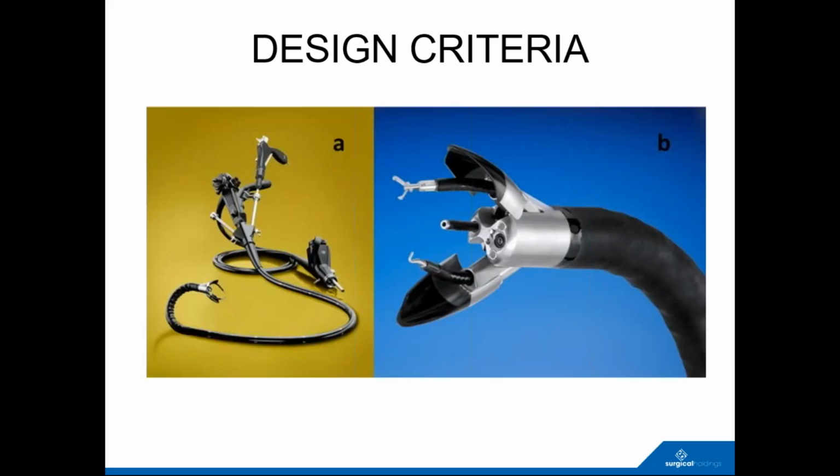And then you have weird and wonderful instruments like this. This isn't a commercial instrument. It was designed for NOTES, that natural orifice surgery I mentioned before, but I used it really just as an illustration of some quite elegant design, in terms of these arms that come out, and you've got internal channels here for better triangulation for the clinician or the surgeon in terms of using a hook and some graspers.